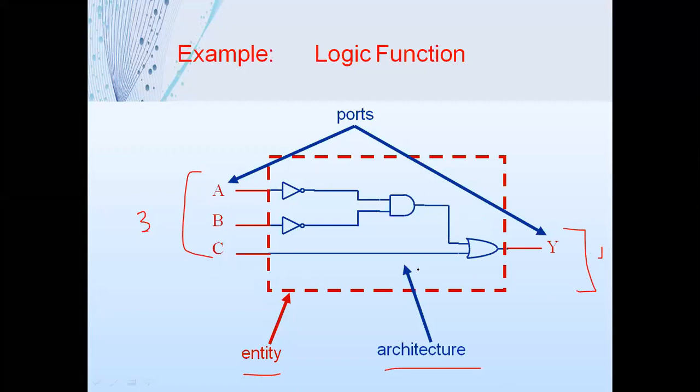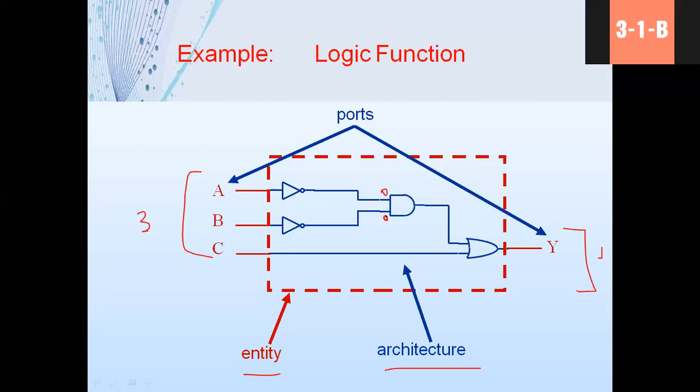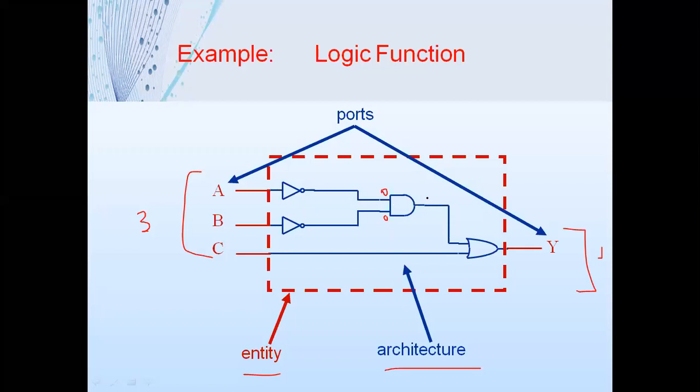What about the architecture? As we discussed, the architecture describes the internal behavior of that logic function. So now the architecture has an internal circuit. If you see this circuit, what is the bubble input of an AND gate? The bubble input of an AND gate simply realizes as a NOR gate.